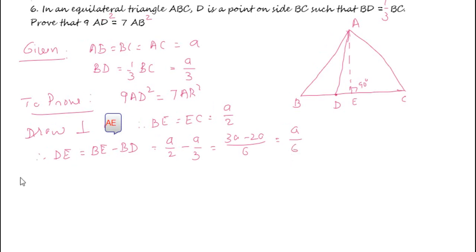In triangle ADE, AE square equal to AD square minus DE square. In triangle ABE, AE square equal to AB square minus BE square.